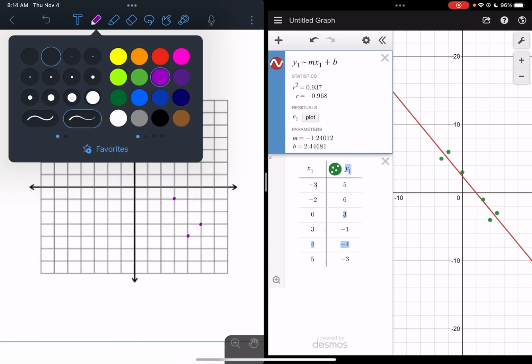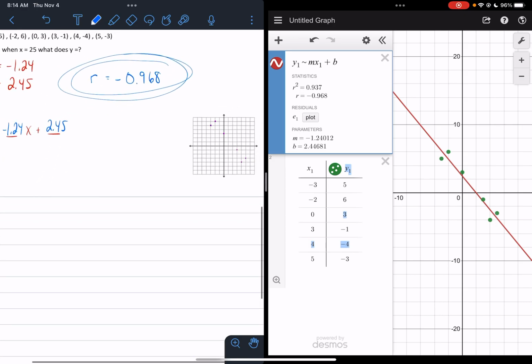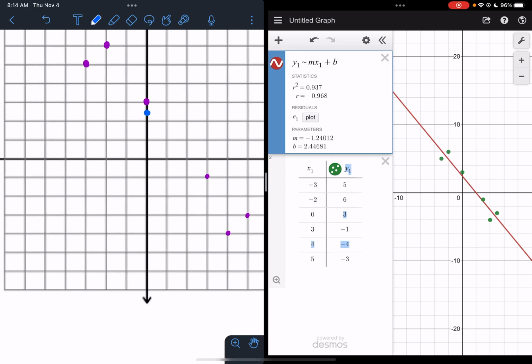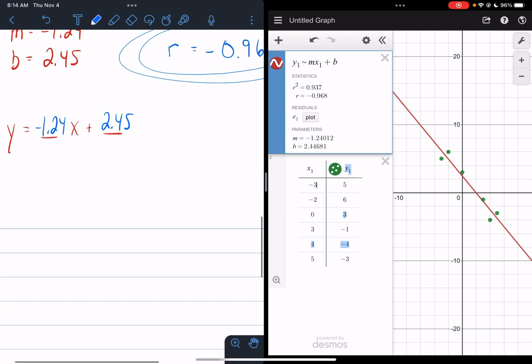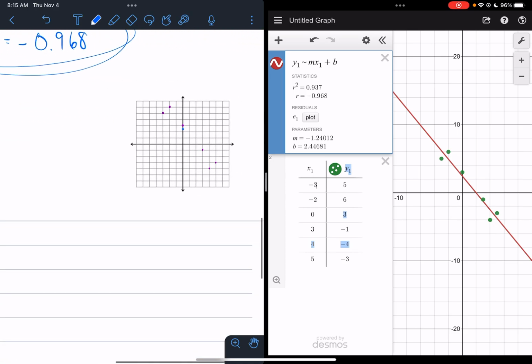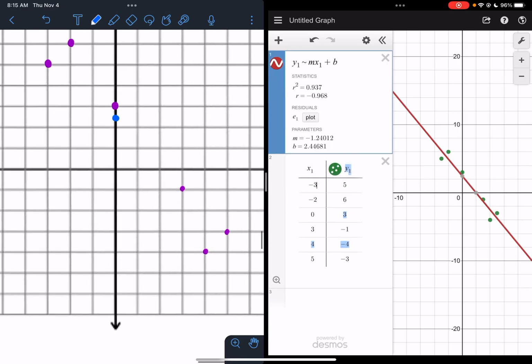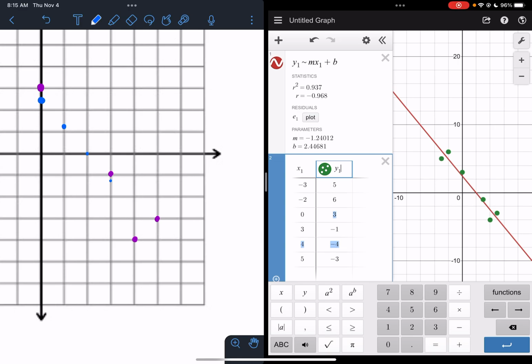When I'm drawing my line of best fit, again, I know that my y-intercept is 2.45, so 2.45 should be right around 2.5, which is right there. And then my slope is -1.24, so I'm going down 1 1/4 almost. So go down 1 1/4, go down 1 1/4, 1 1/4, 1 1/4.